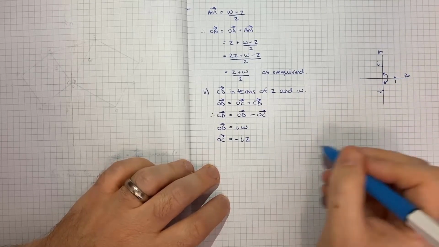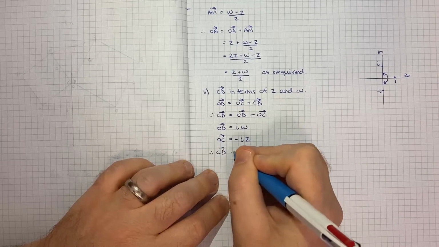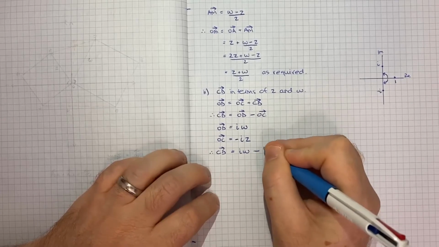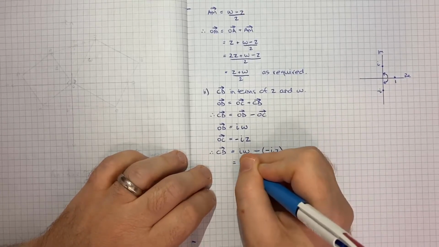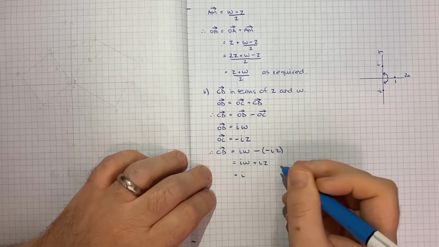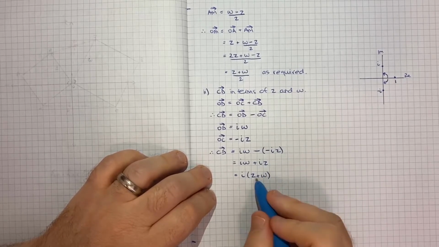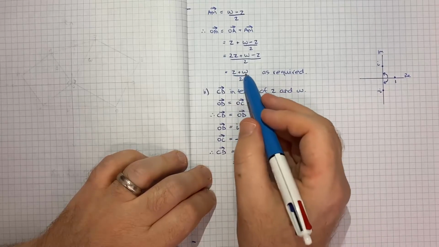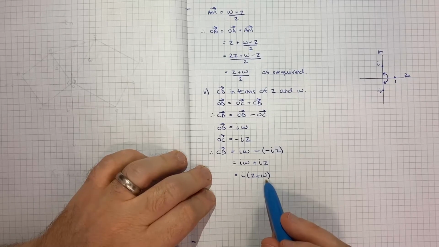So putting all that together, we get the vector CD is equal to OD, which is iw, minus negative iz, which equals iw plus iz, which equals i, and I write this as z plus w, because that's going to come in handy when we get to part 3. So that's part 2 done. We've got CD in terms of z and w.